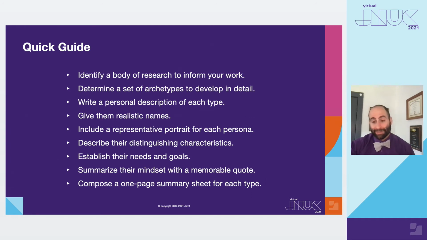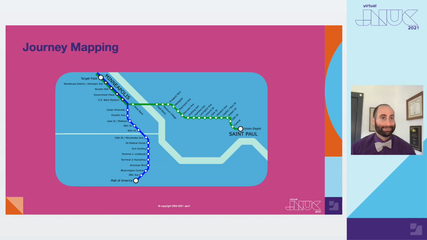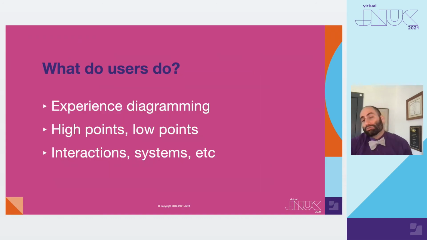So now let's talk about a different tool called journey mapping. There are lots of different ways of doing journey mapping, but in its basic form, you're trying to figure out what users do. This could be what users actually do today, or what you want users to do in the future. You're diagramming or modeling an experience.